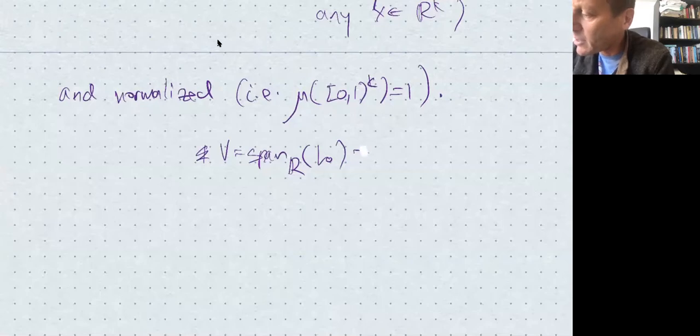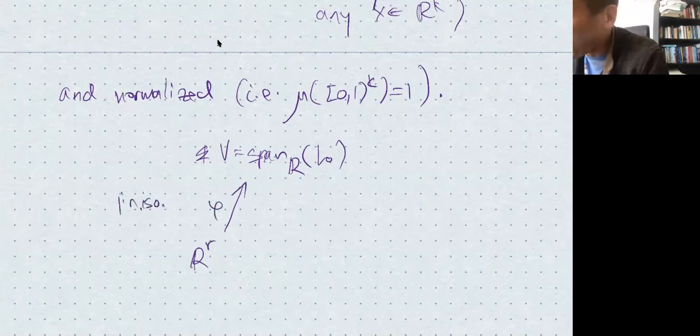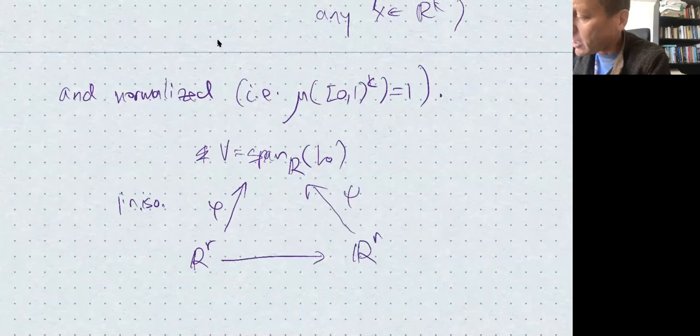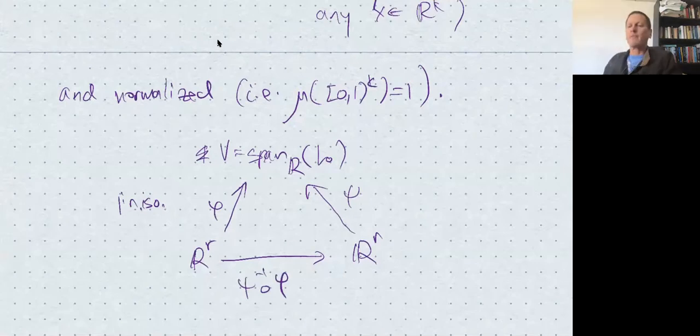So that means that there's a linear isomorphism, let's call it phi, from R^r to V, but there could be another linear isomorphism, psi. There are many possible linear isomorphisms, and they differ by this map, which is the composition of what? Of psi inverse with phi.